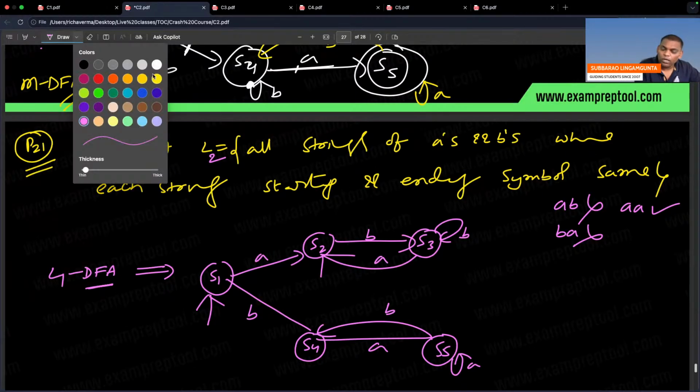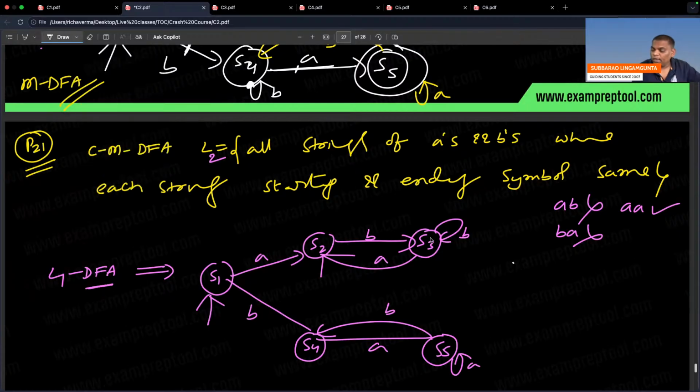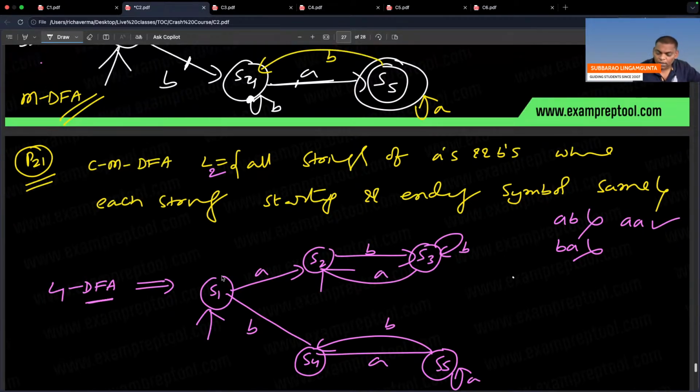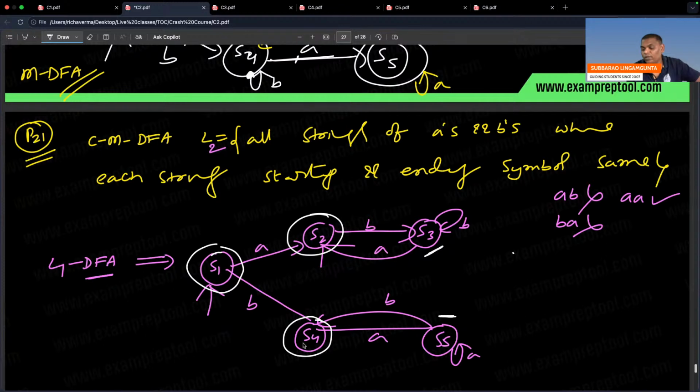Interchange final and non-final. In the above diagram, what is non-final, make it final. What is final, make it non-final. So for the given DFA, I change final to non-final and non-final to final.